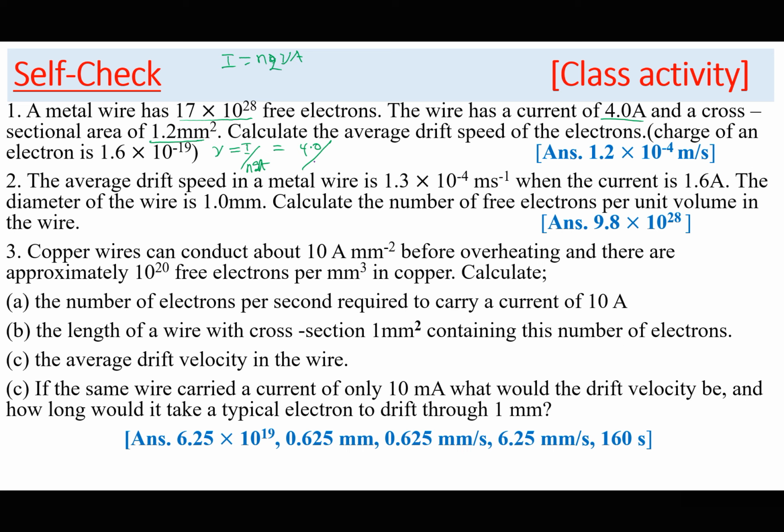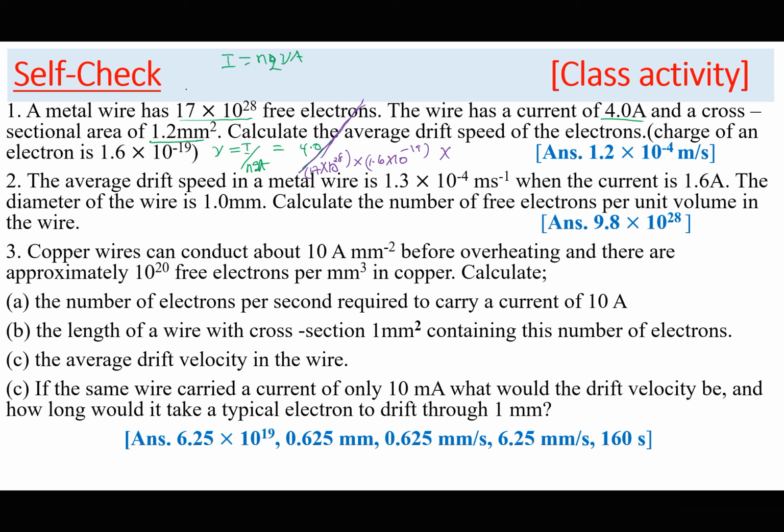so we shall say n is 17 times 10 to the power of 28, times, remember I'm dividing, q is 1.6 times 10 to the power of minus 19, times the cross-sectional area.